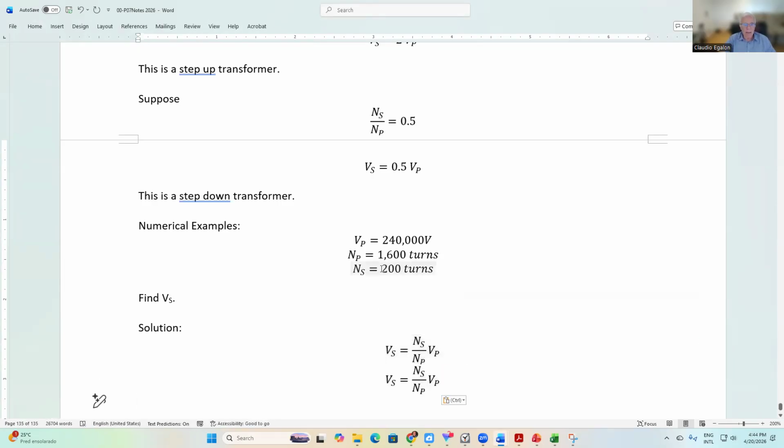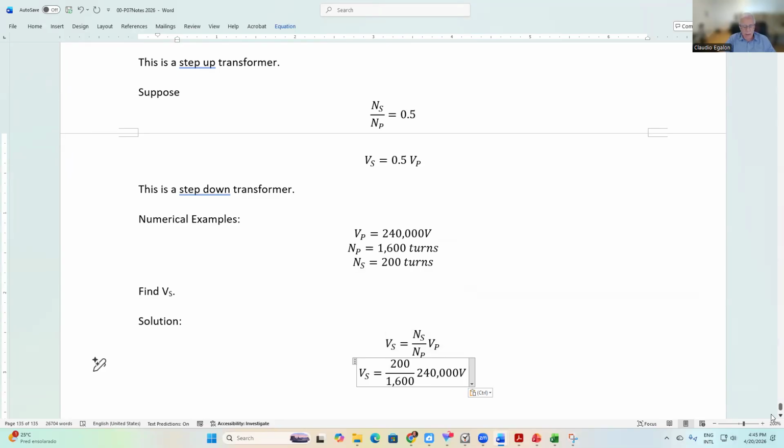NS is 200 turns and NP is 1,600 turns. VP is 240,000 volts. Will we be able to go down to 110?